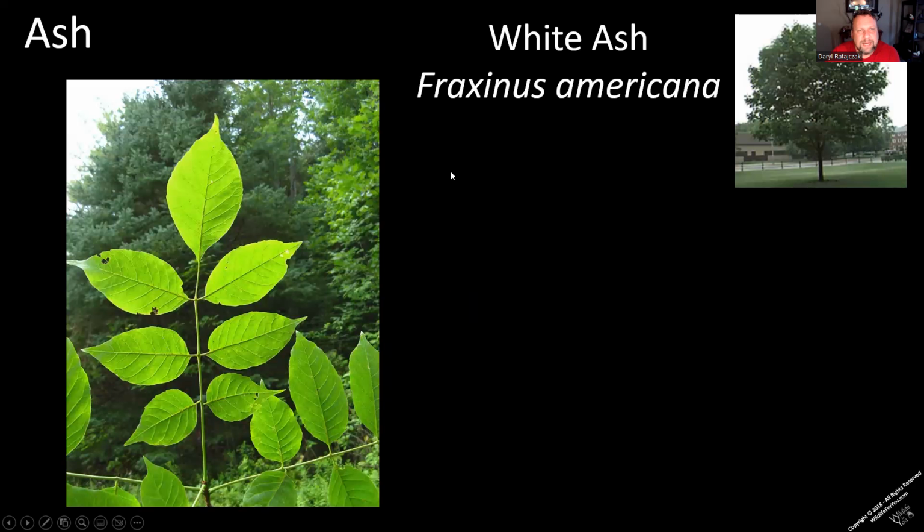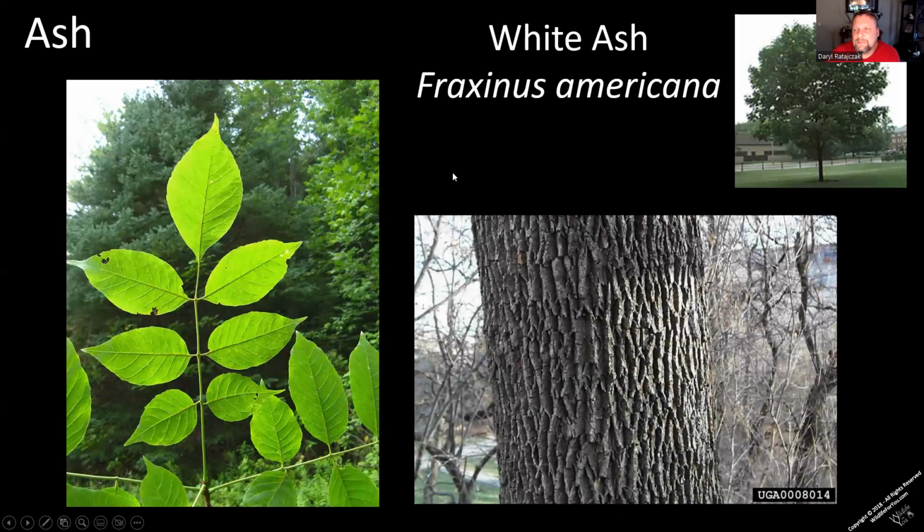What I always find the most useful for identifying white ash is the bark. It has a very diagonal type of bark. It has some deep grooves, almost like a honeycomb pattern, and it is very indicative of ash.